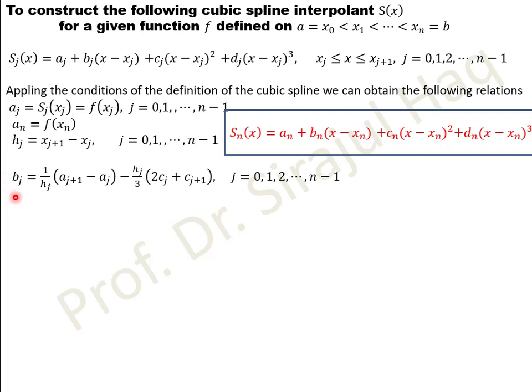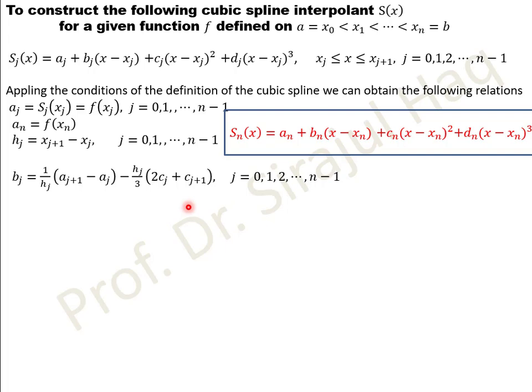When I use the conditions which we discussed in the last lecture, we end up with the value of bj by this formula. Again, I'm not deriving it. It has been derived in your book, so if you are interested, you can go for that.